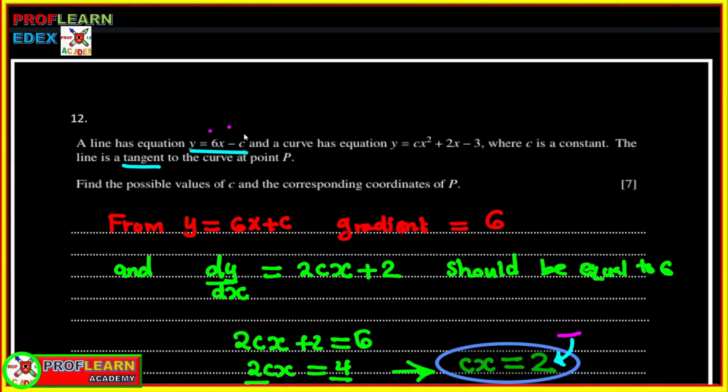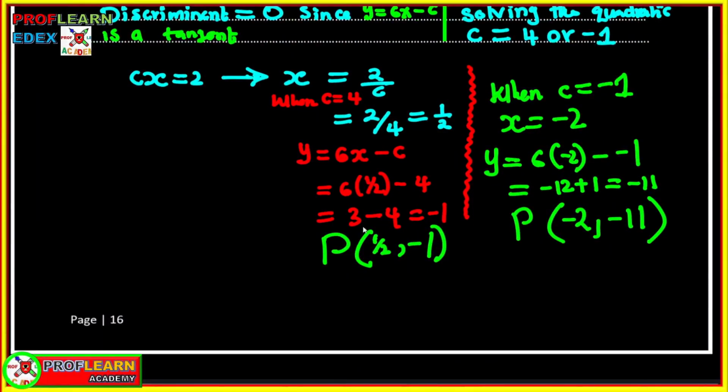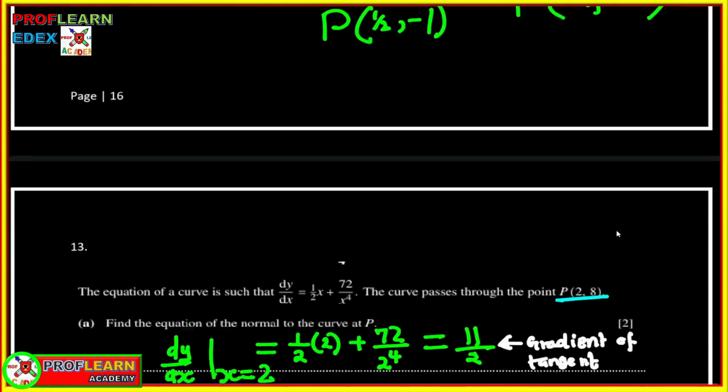Since I have x and I have the value of c, I can find the value of y. So the first coordinate for P is 1/2, minus 1, and the second one, when c is negative 1, x is going to be negative 2. Substituting for the value of y, I'm getting negative 2 and then negative 11.